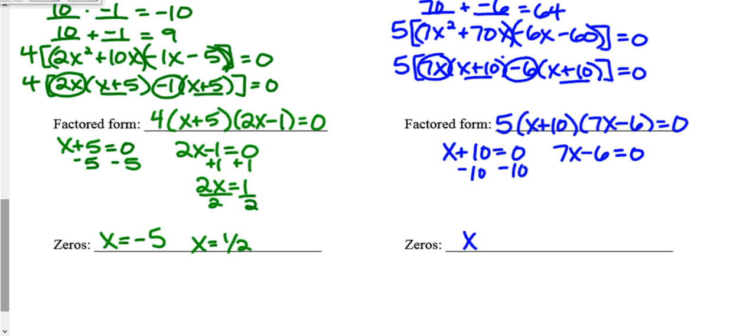So one of my solutions, one of my zeros is negative 10. Over here I'll add 6. And I get x equals 6/7. And I'm just going to leave it like that. We're trying as hard as possible in this unit to keep our answers exact. So that is target 6, which is factoring.